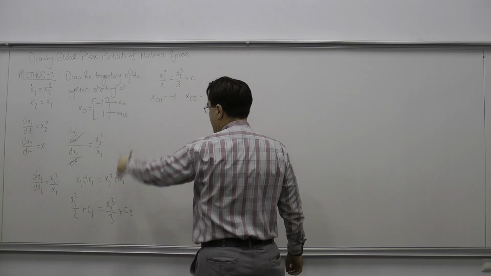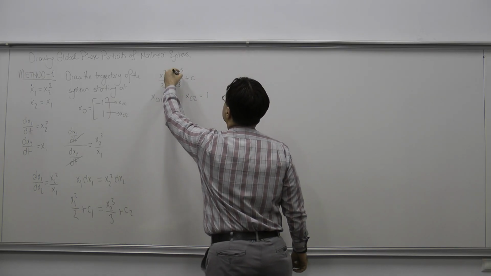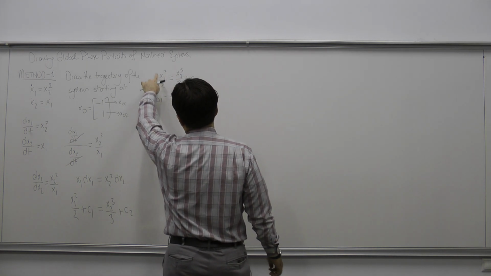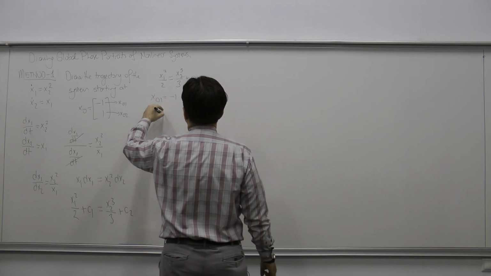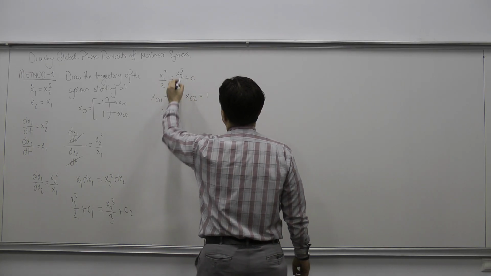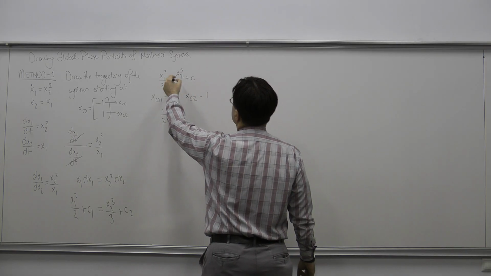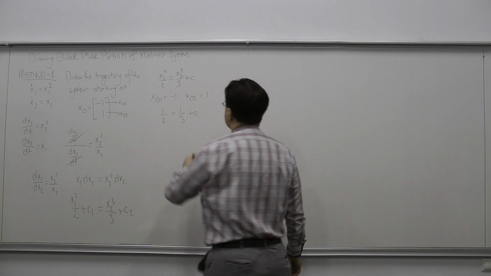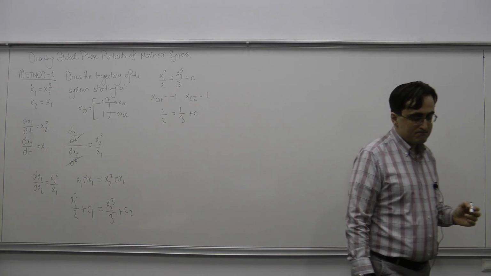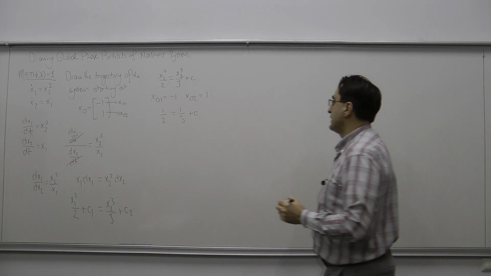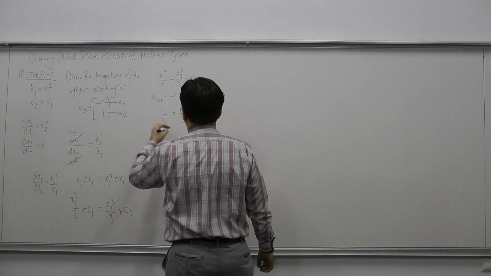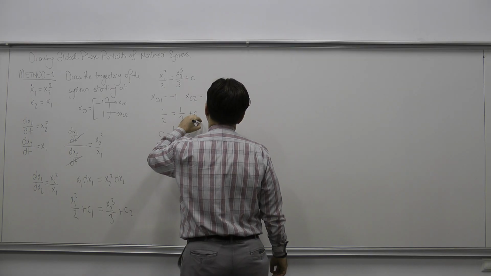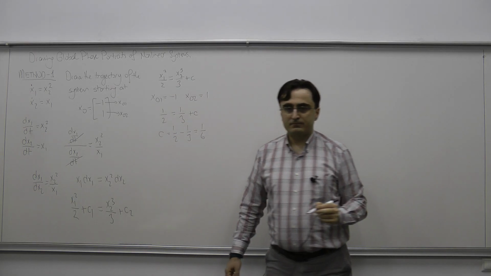So I made another mistake here. I have x2 cubed here. Now instead of x1, I substitute -1, which gives me 1 over 2. And instead of x2, I substitute x02, which is giving me 1 over 3 plus c. Okay? And then this is going to give me c equals 1 over 2 minus 1 over 3, which is equal to 1 over 6. All right?